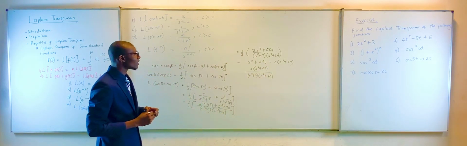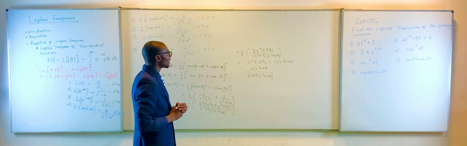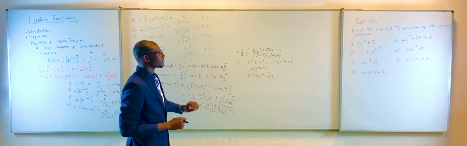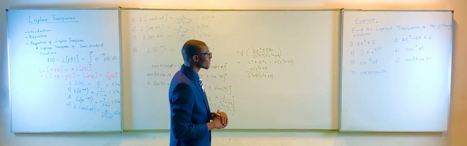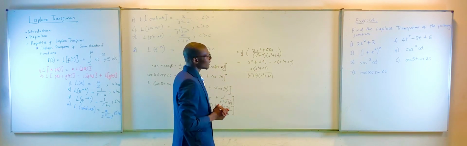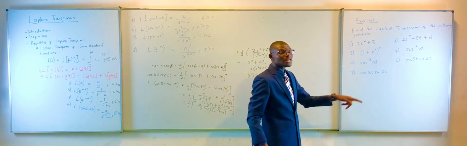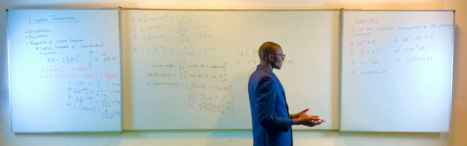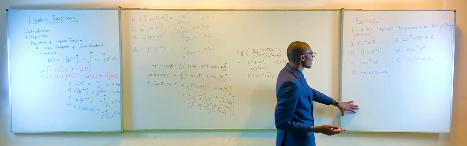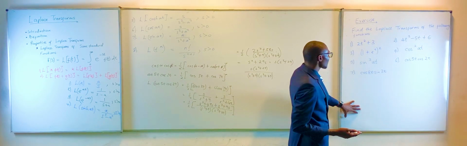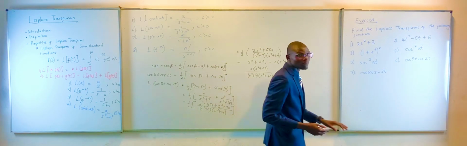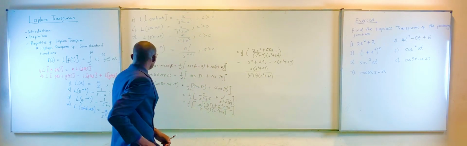So that's how we simplify the Laplace transform of cos 5t cos 2t. Then now if we simplify the Laplace of cos 8t sine 2t, we do the same thing, but now we apply an identity, right?